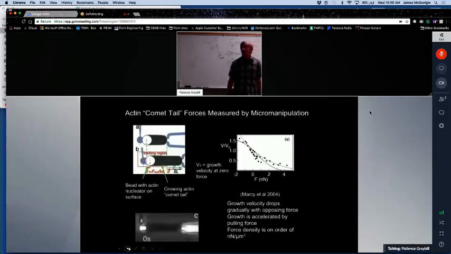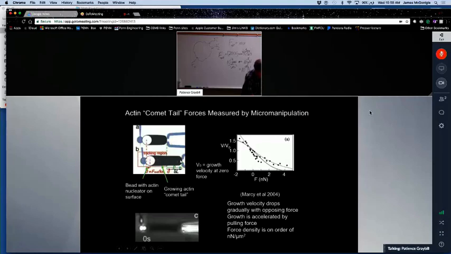Okay, and here is an even larger collection of filaments. What you're seeing here is a bead attached to a cantilever, which allows us to measure force. And this bead has a cloud of actin growing off the end. So this is thousands and thousands of filaments now. At the end, there's a pipette that's used to grab it to keep it in place. With this combination, from the bending of this cantilever, you can figure out the force.